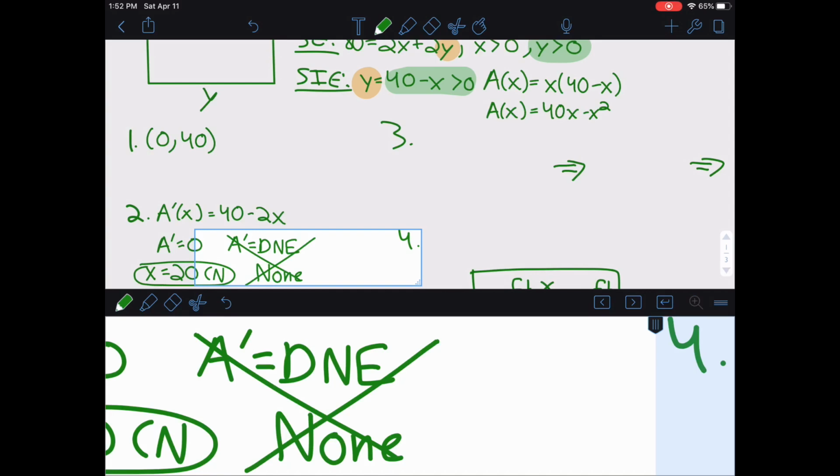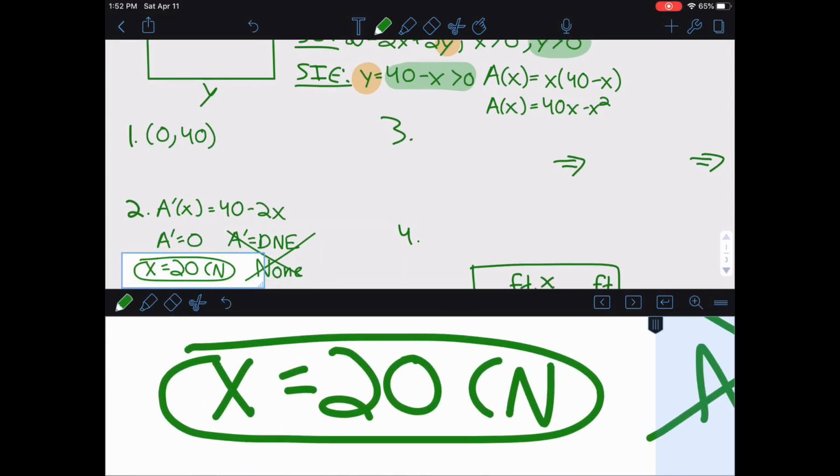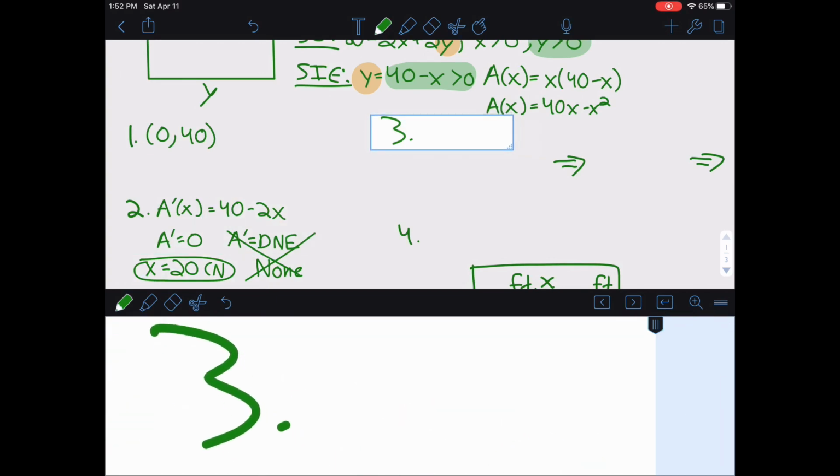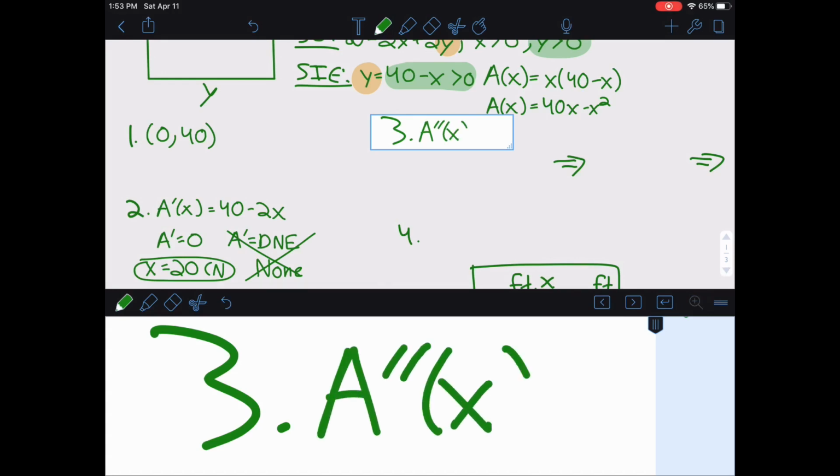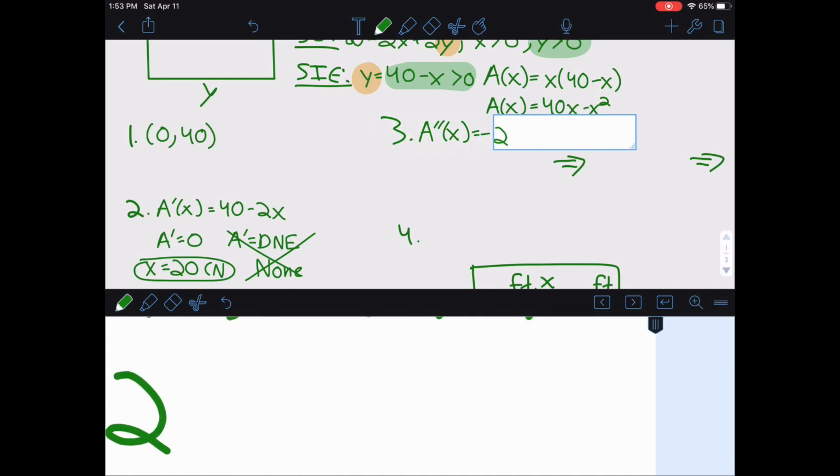And now step 3. One of the most common mistakes people make is they assume that this critical number is what we want, but we have to prove it. So your choice, first derivative test or second derivative test. Again, I'm a second derivative test kind of guy. A double prime of x is going to be -2.